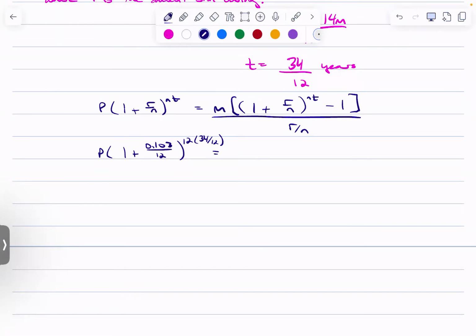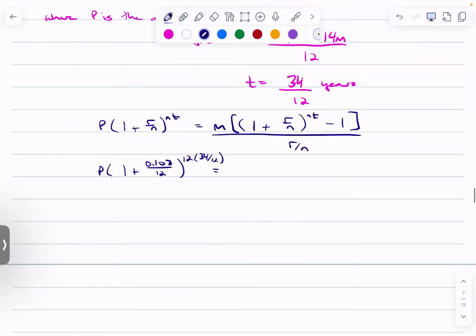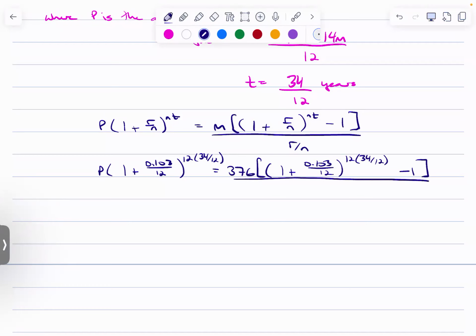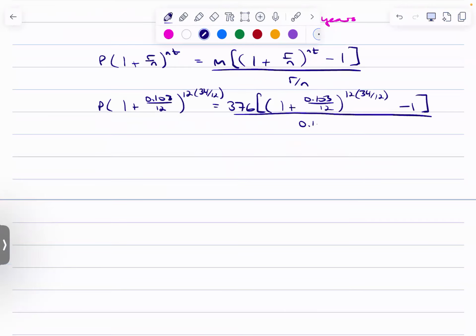M, which was 376, times 1 plus 0.103 divided by 12, to the power of 12 times 34 divided by 12, minus 1, divided by 0.103 divided by 12.